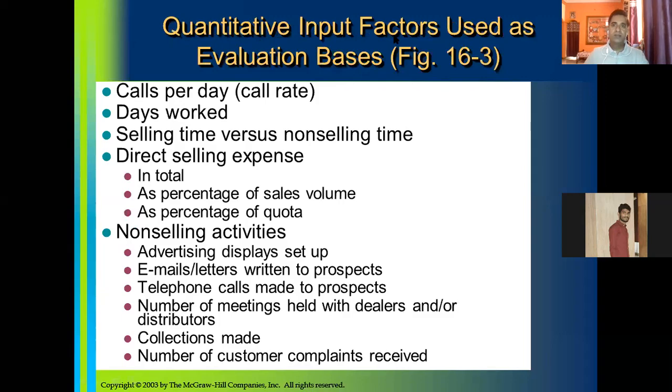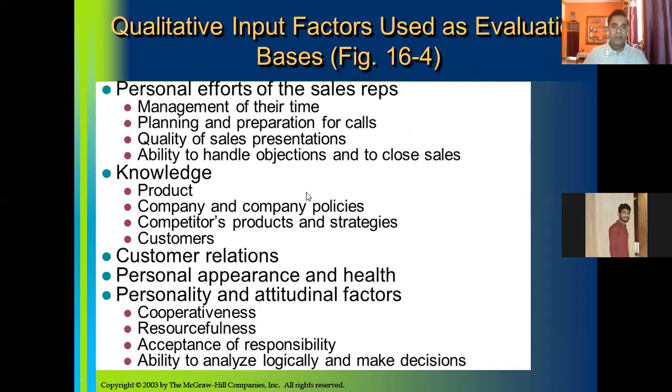Sales reps can be evaluated on these input factors, which are quantitative in nature, like calls per day. For example, 10 customers visited per day can be quantified. These included calls per day, days worked, selling time versus non-selling time ratio, direct selling expenses, and non-selling activities.